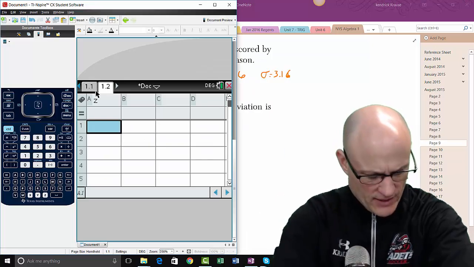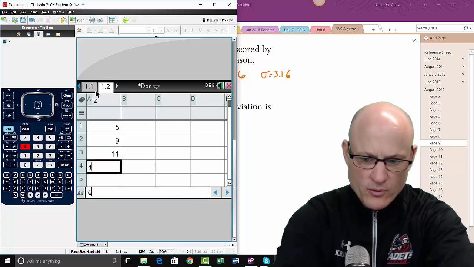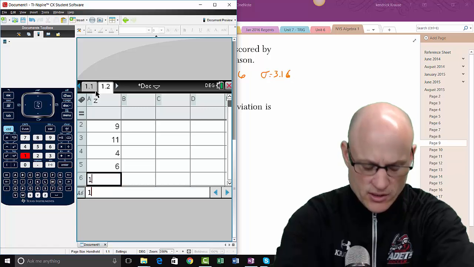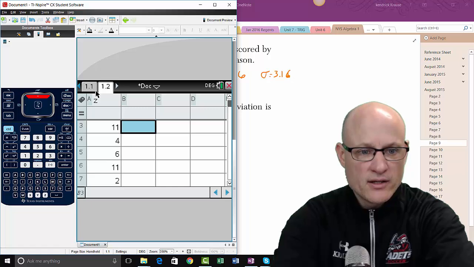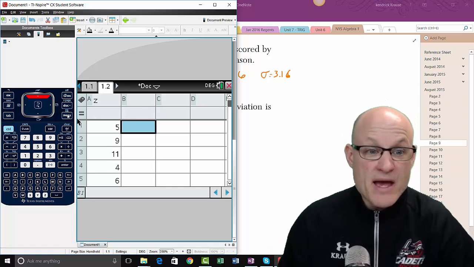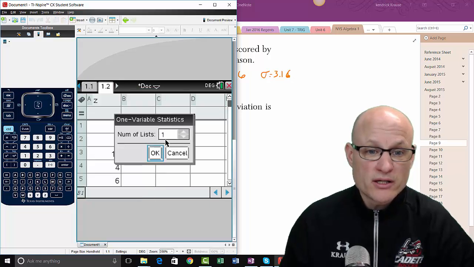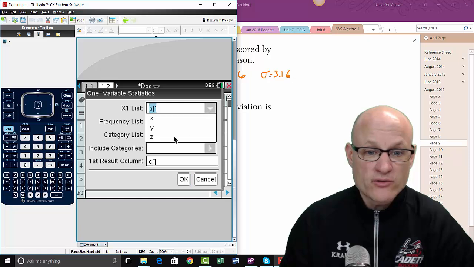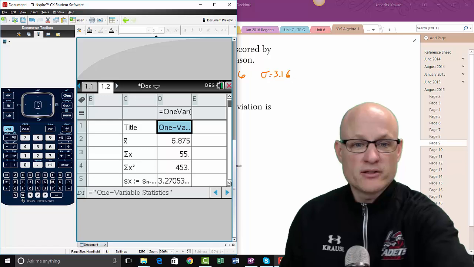And let's go 5, 9, 11. 5, 9, 11, 4, 6, 11, 2, 7. It looks as if this one's got definitely a higher mean. So we'll try this again. Menu 4, 1, 1. Click OK. Click OK twice. Call this Z. Click OK. Yep, it's got a higher mean. Look, that was pretty obvious.